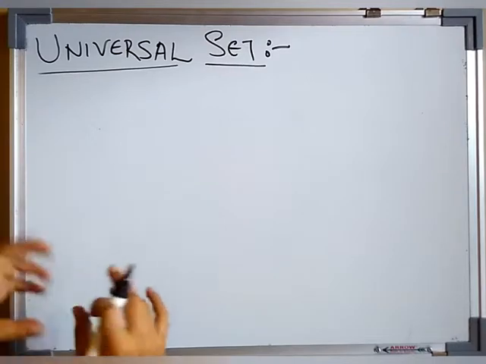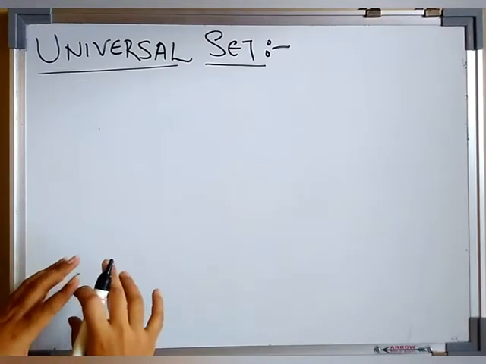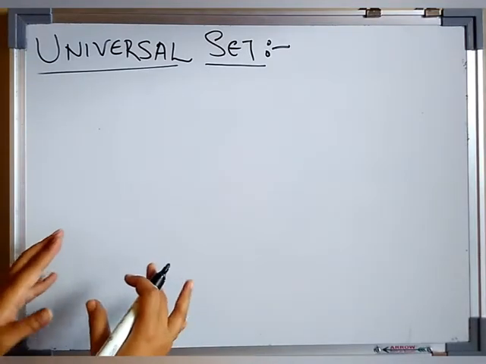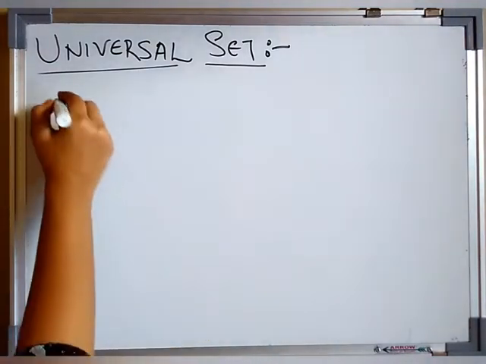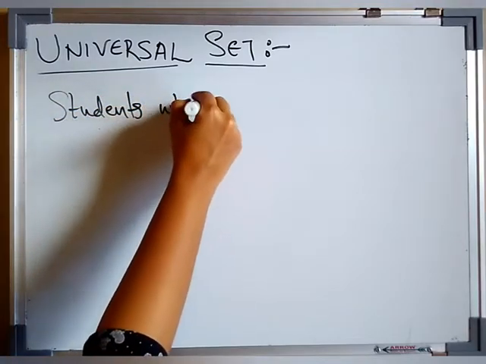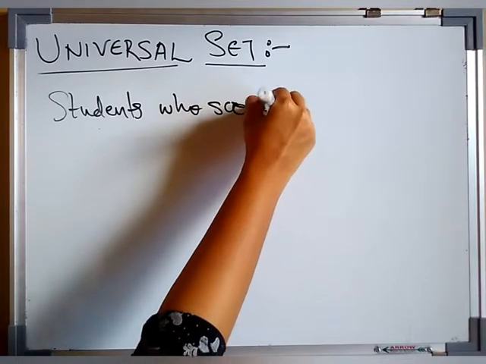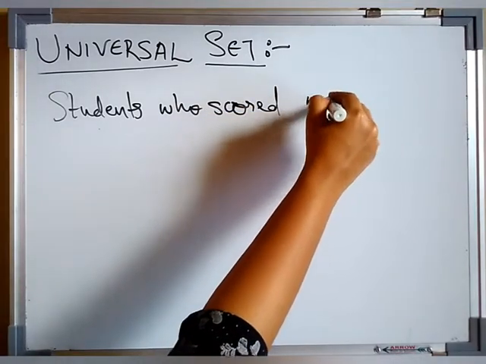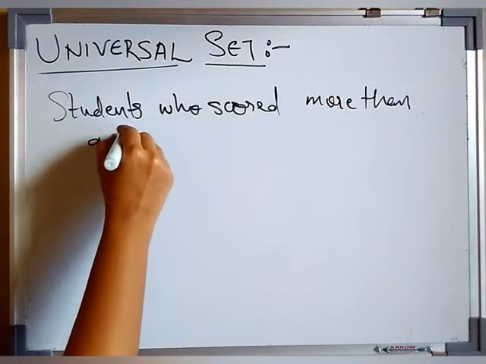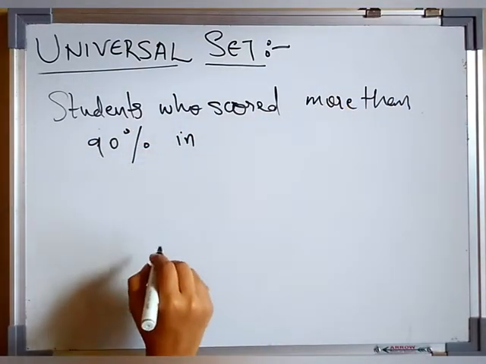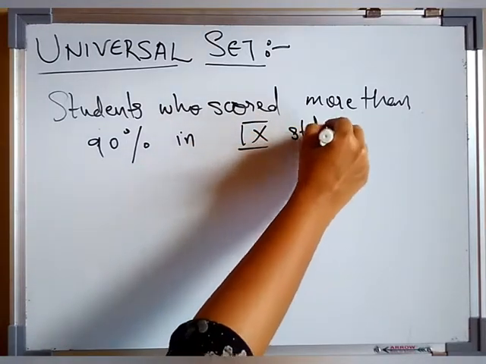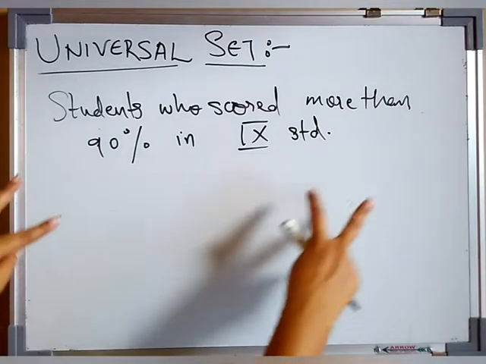Okay, for example, if I am to take a record of all students who got 90% and above in standard 9th. Students who scored more than 90% in 9th standard. Okay, now this is the matter of study.